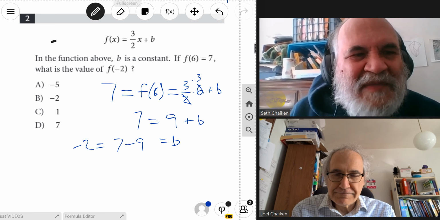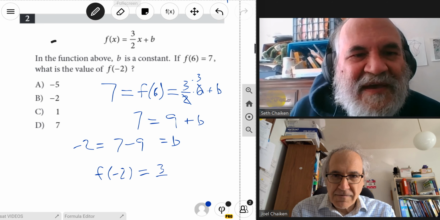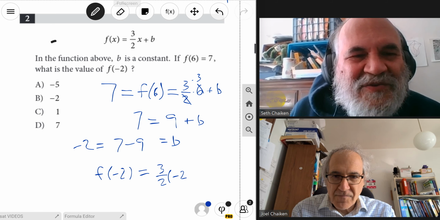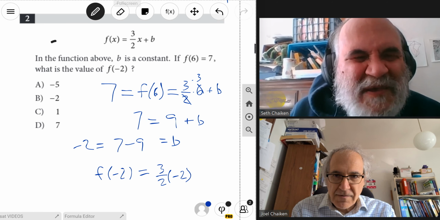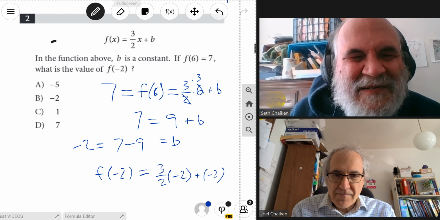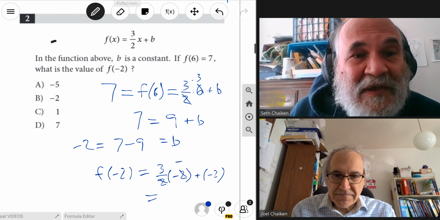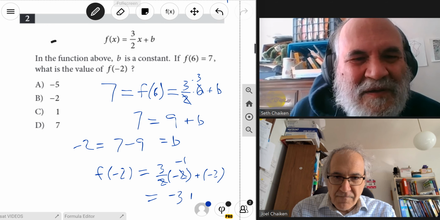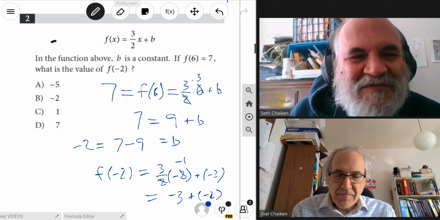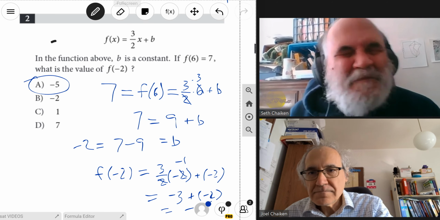And then f of minus 2 equals 3/2 of minus 2 plus b, which is minus 2. Cancel the 2's, I get minus 3 plus minus 2, which gives you minus 5, which is answer A.